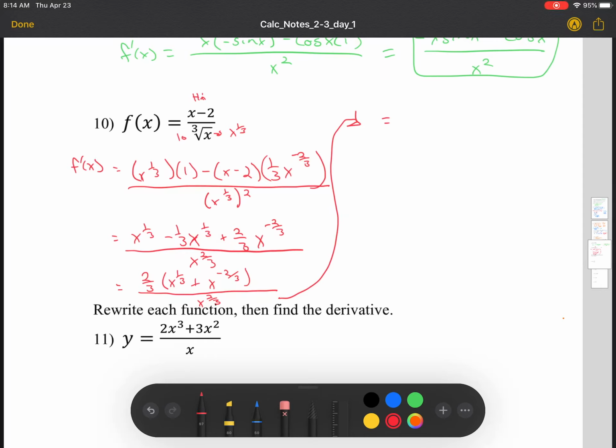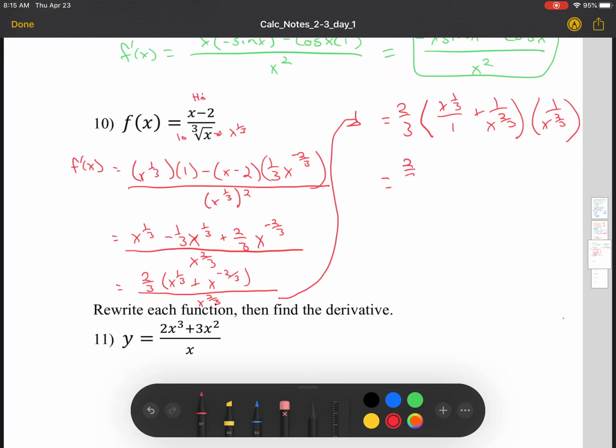Okay, we're going to come back up here now. Almost done. We're going to simplify this a little bit more. We end up with 2/3 out front. And we get x to 1/3 over 1 plus 1 over x to the 2/3. That's 1 over x to the 2/3.